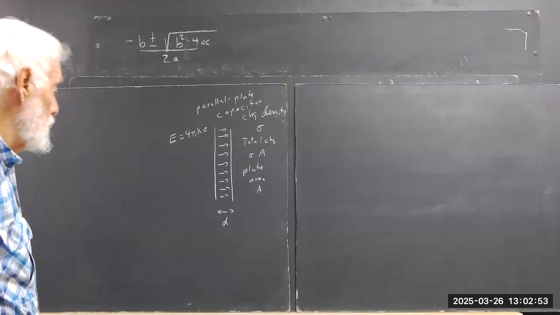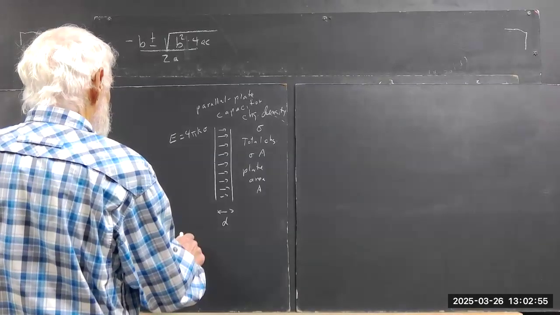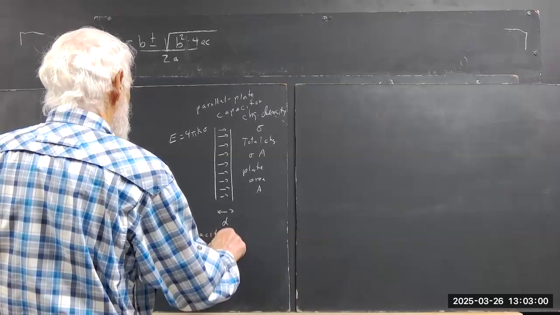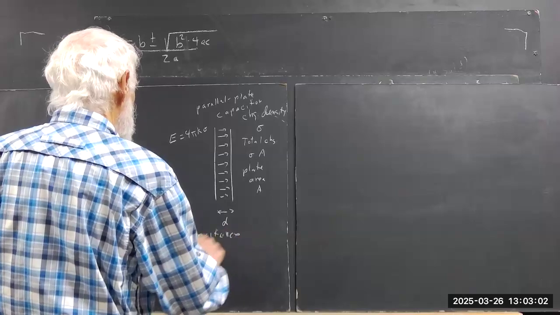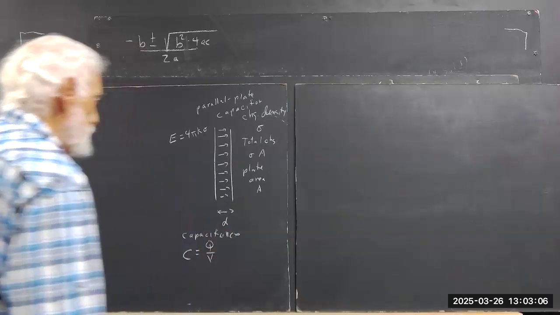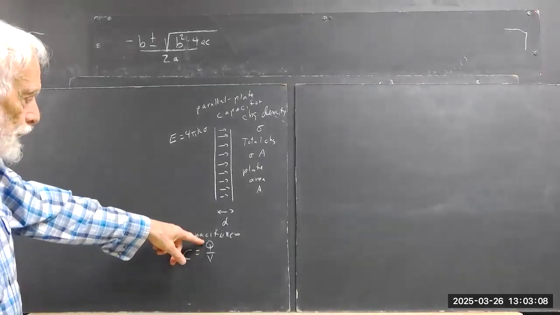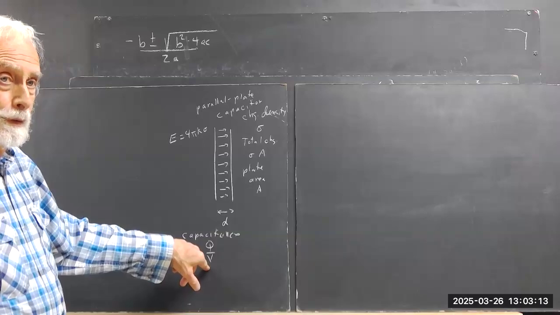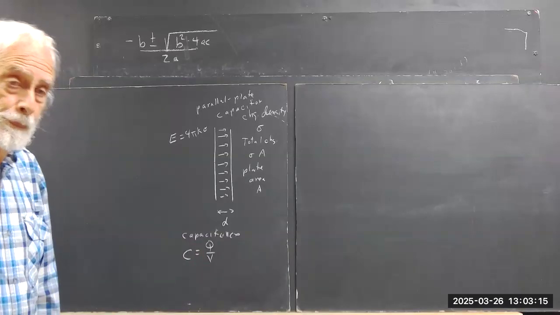So what's the capacitance? Capacitance is the amount of charge you contain per volt of potential difference.